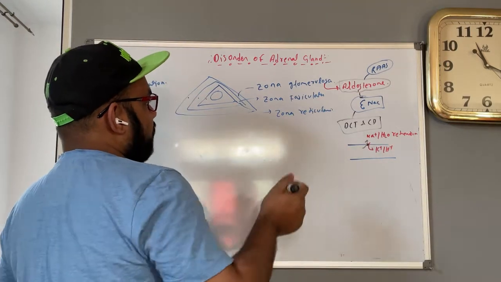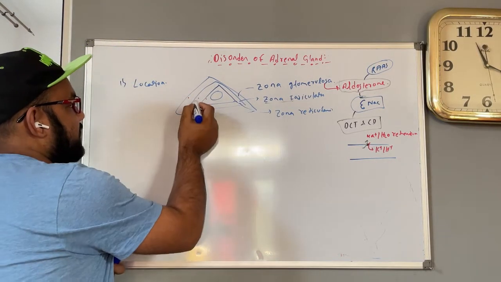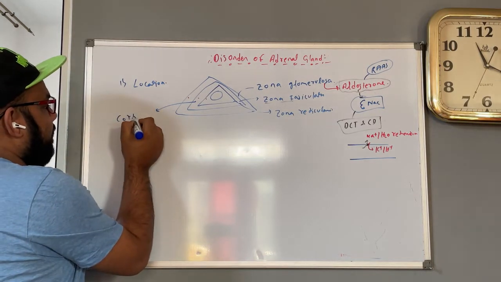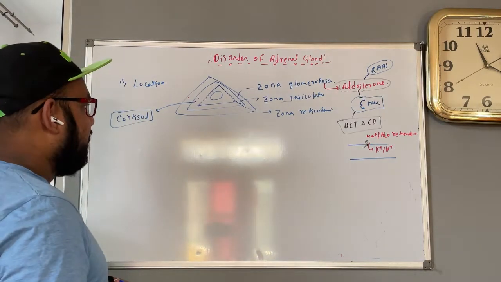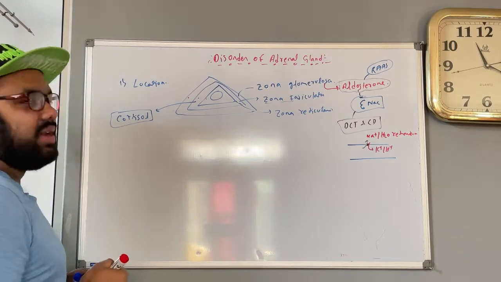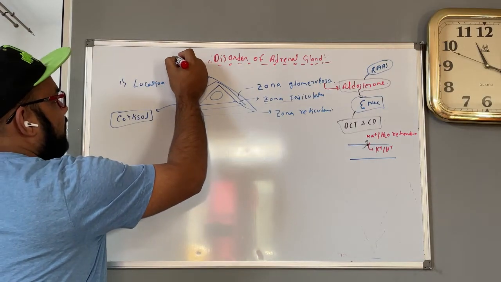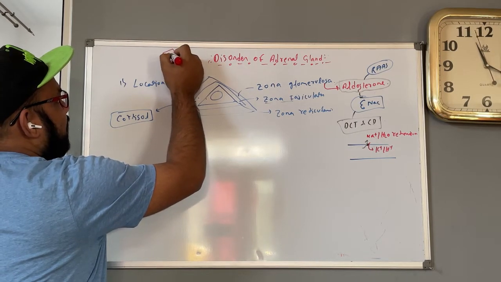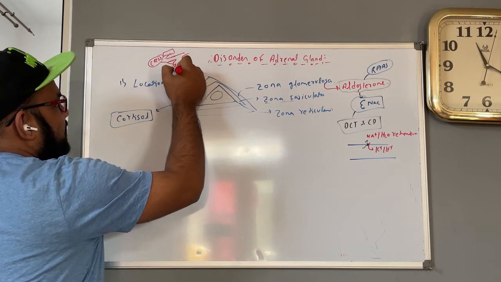Then the second layer, we got the zona fasciculata. This zona fasciculata is responsible for the secretion of cortisol. At first, from the hypothalamus there will be the release of CRH, corticotropin releasing hormone, and this CRH will activate the anterior pituitary cells to release ACTH.